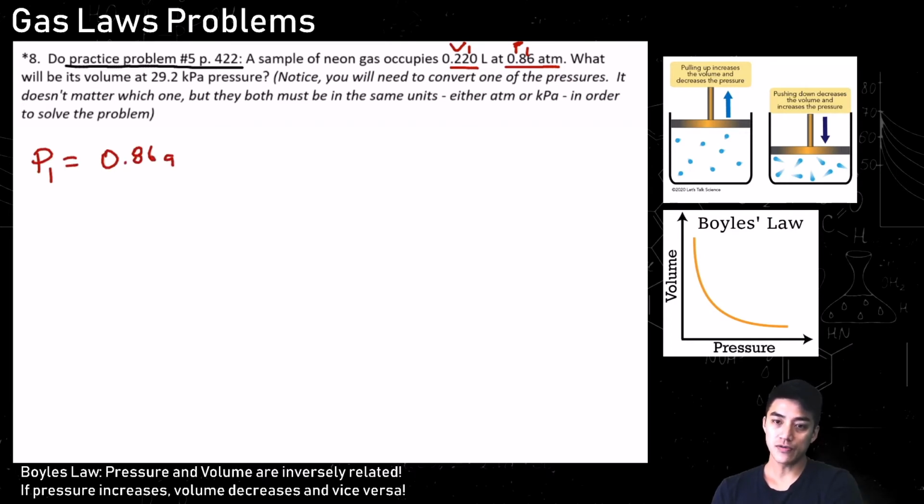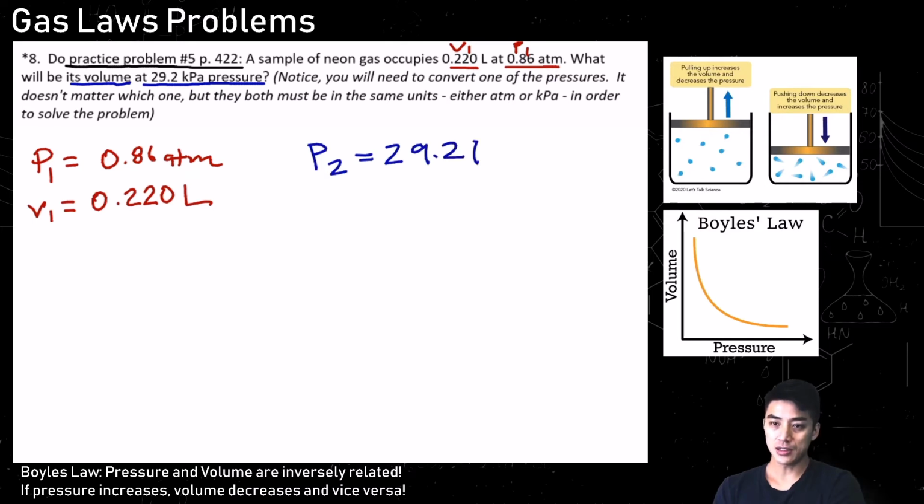So P1 is given as 0.86 atmospheres, and V1 is 0.22 liters. And now it's asking what will be its new volume at 29.2 kilopascals. So P2 is given. V2 is what's being asked in the problem. So let's give that a question mark.